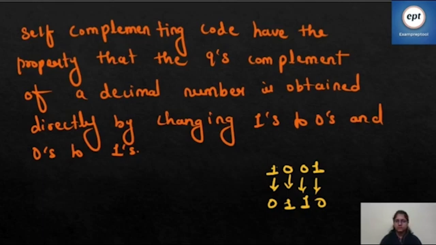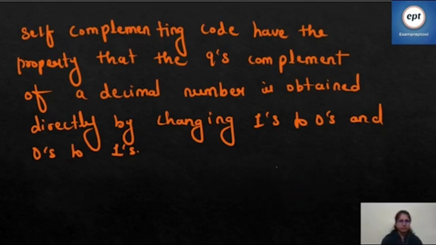So self-complementing codes have the property that the nines complement of a decimal number is obtained directly by changing 1 to 0 and 0 to 1.